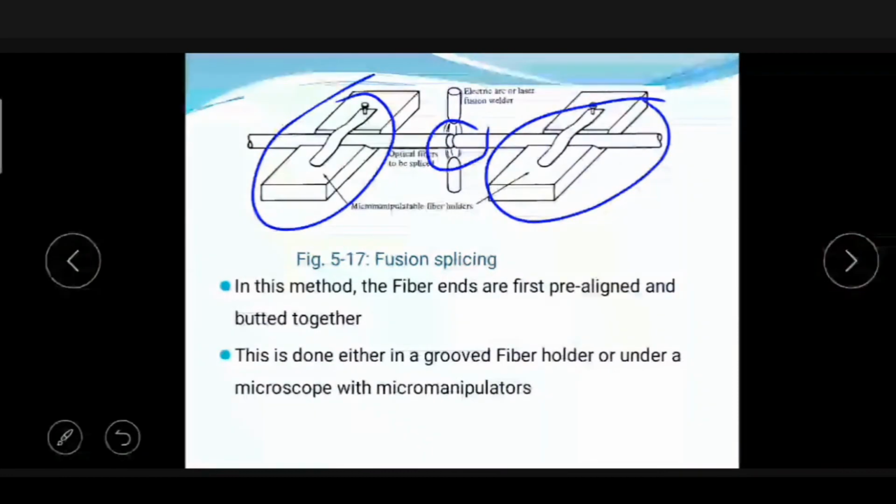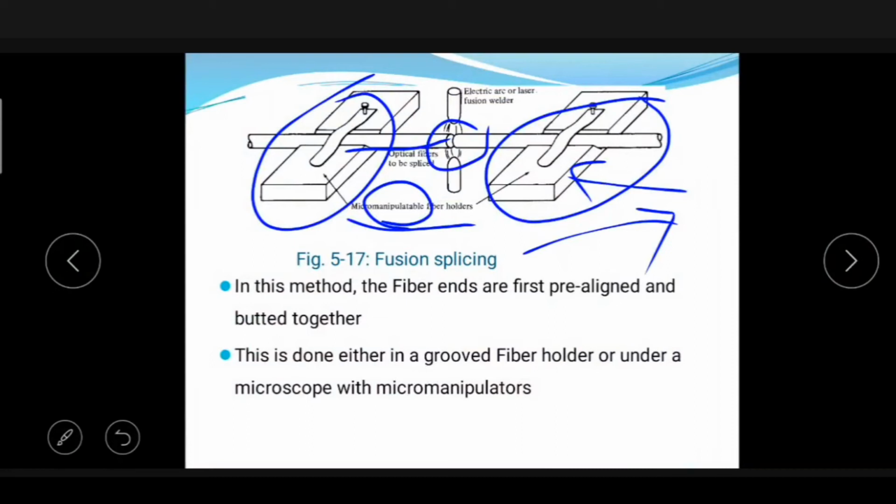And these are micro manipulatable fiber holders. So you can manipulate the distance. You can change the spacing. You can drag the fiber in this direction, or you can bring it to this direction. So these are micro manipulatable fiber holders. You can see that micro manipulation can be done.